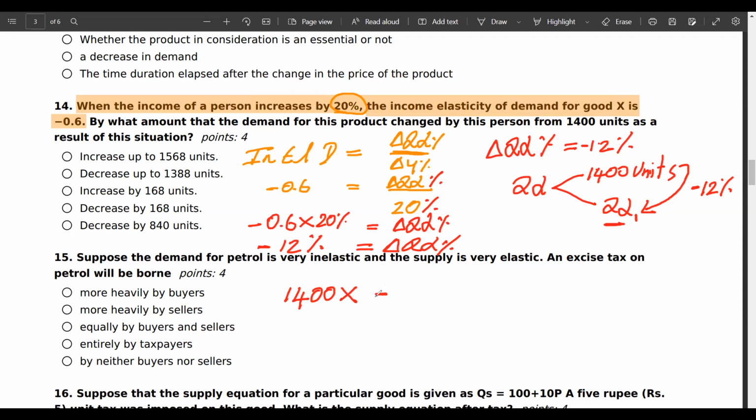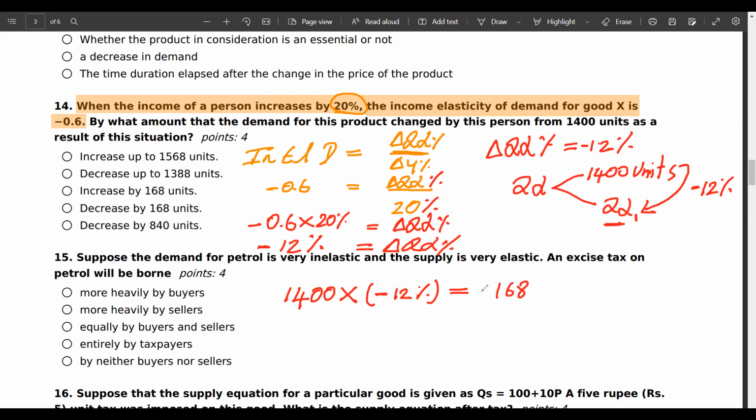So all you have to do now is take the 1,400 units and find out how much of 1,400 is minus 12%. You just have to find that out. You'll get by what number of units the demand has changed. So 1,400 into 12%, if you find, you'll get 168.